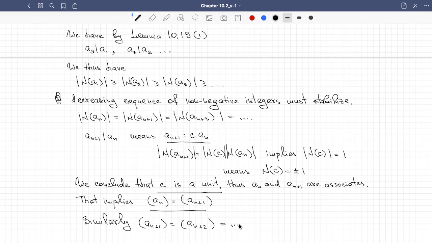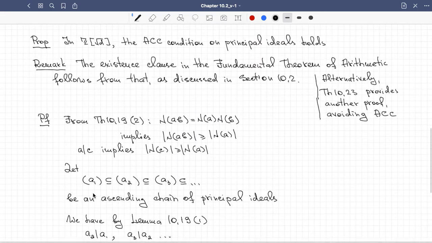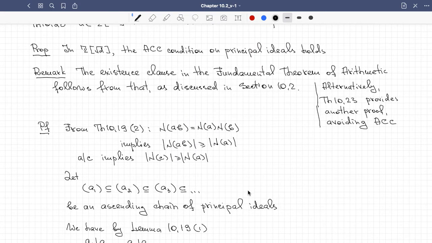We can conclude that the chain we started with stabilizes from some point on. This is exactly what ACC requires.